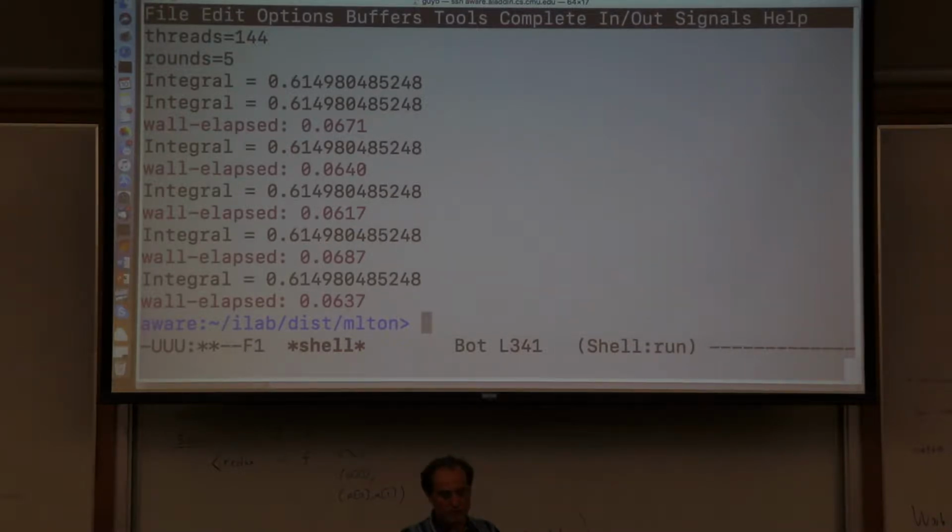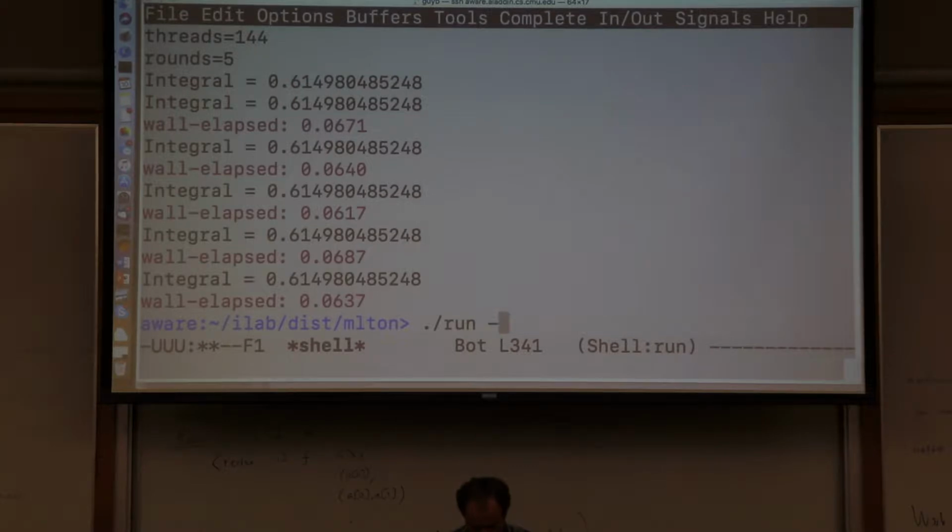So when you go from 72 threads to 144, you don't get linear speed up anymore, but you do get some speed up. So in something like this, we're seeing more speed up than the number of cores. How much do you get with 8 processors? Well, you get 8-fold speed up, right?